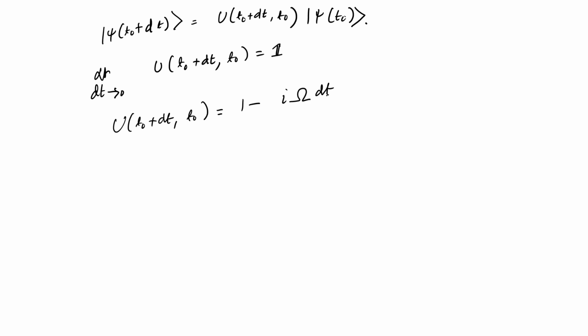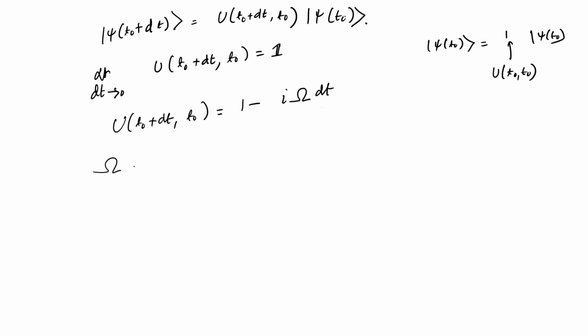As dt goes to 0, U(t0, t0) is of course equal to 1, because you are not evolving the system at all. To connect psi of t0 to psi of t0, you simply put a 1 here, and this 1 is nothing but U(t0, t0). So U(t0, t0) equals 1.